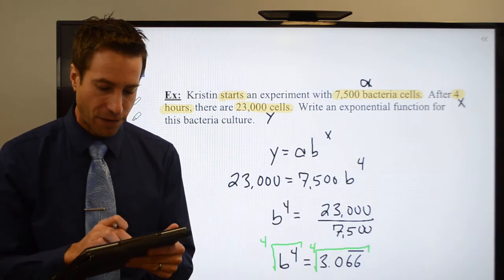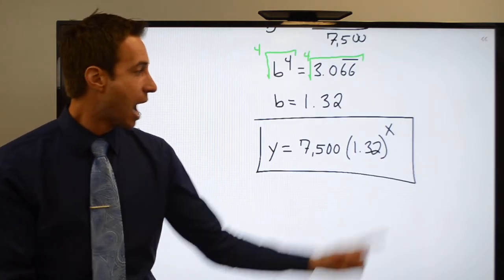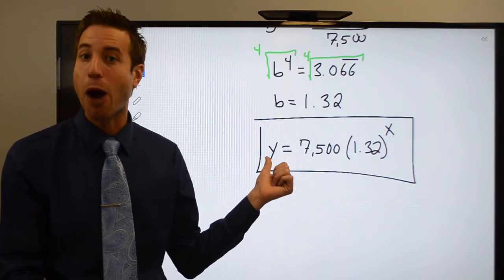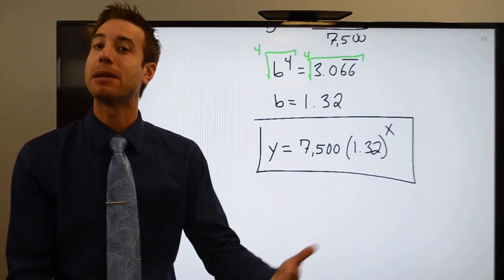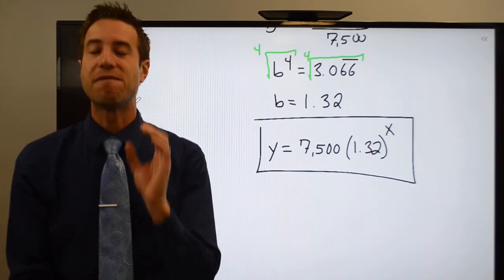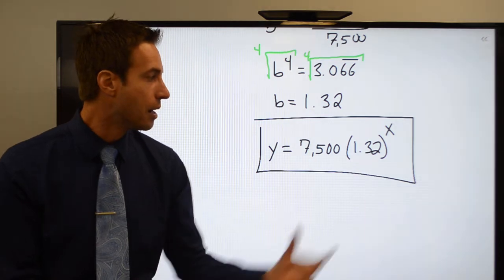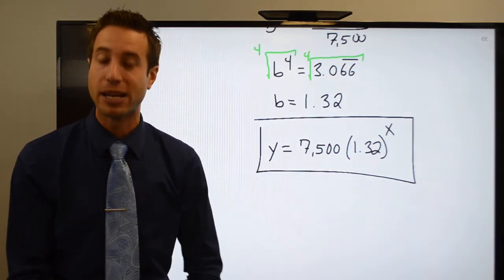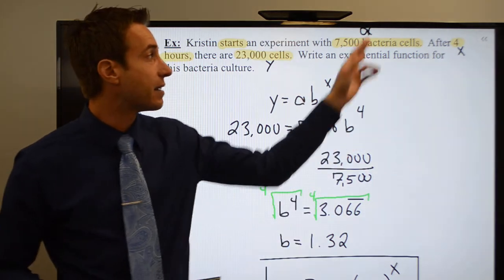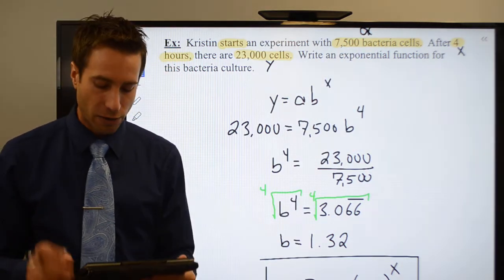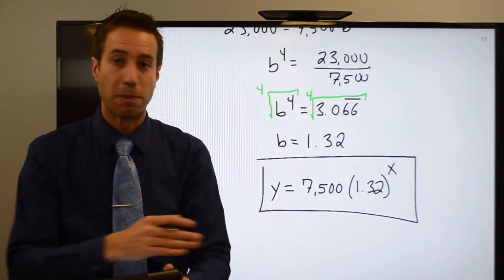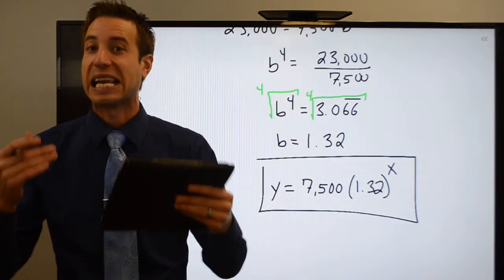Now that I have a function, I can plug in any time I want to and figure out how big the bacteria culture is, how many bacteria cells I would expect to be present. All right, so this is a very, very powerful tool, being able to write an exponential function based on just a little bit of information, being given an initial value, a final value, and then writing your own function, which you can then use to predict the number of bacteria cells at any time.